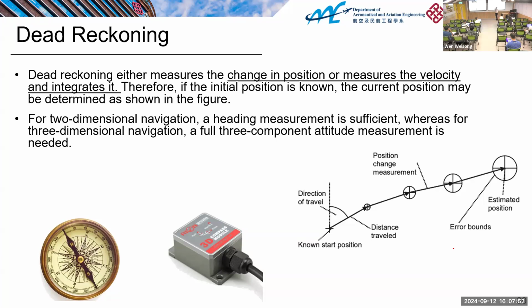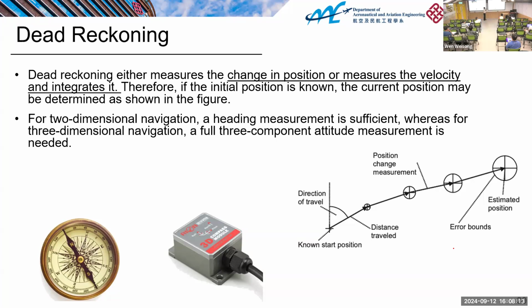By doing two times of integration, you can get the change of your position. By accumulating this change gradually, you should be able to infer your trajectory.